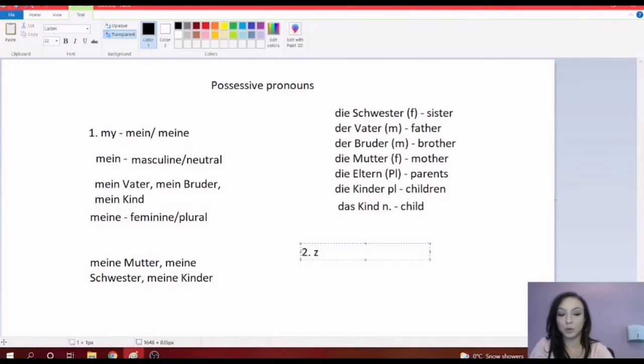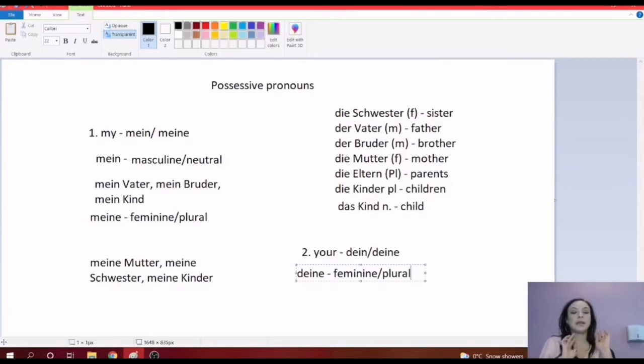Okay, for your, so like second person singular possessive pronoun, it would be dein or deine. Okay, so the rule of the E ending applies to all forms. So meine is for feminine and plural nouns, and here also deine for feminine and plural nouns.